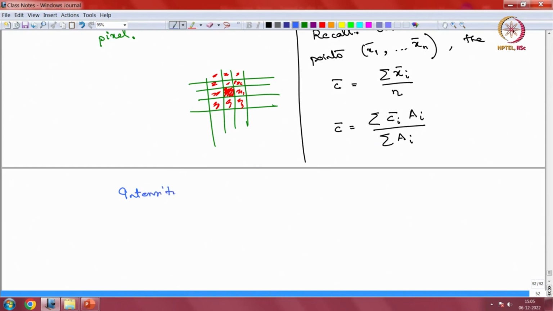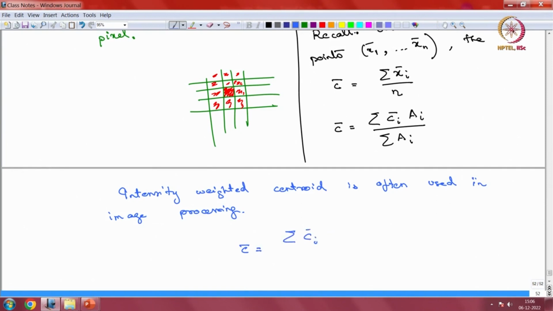So the intensity weighted centroid is often used in image processing, and then your centroid will simply become summation Ci I by summation I. Okay.